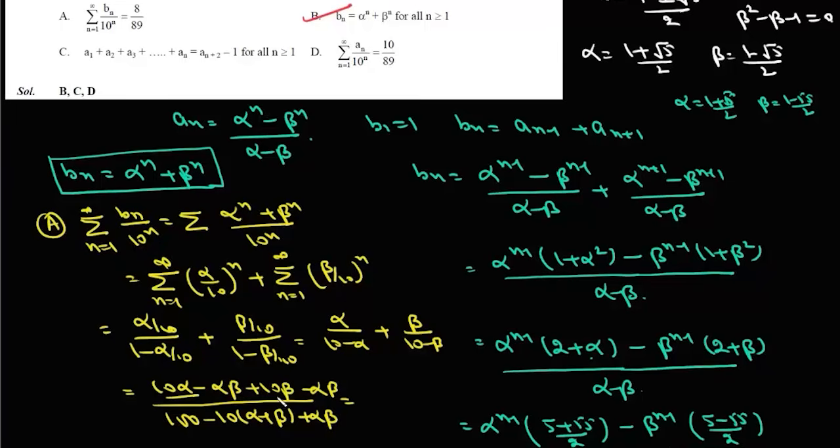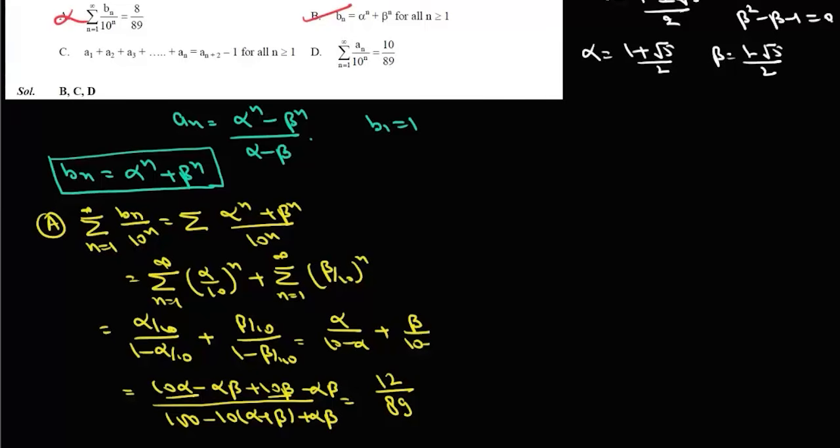Now alpha plus beta is 1, so this is 10, and alpha into beta is minus 1. So 10 plus 2, 12 upon 100 minus 10, 90, 90 minus 1 is 89. Value of summation Bn by 10 to the power n is 12 upon 89. That means this option A is incorrect.